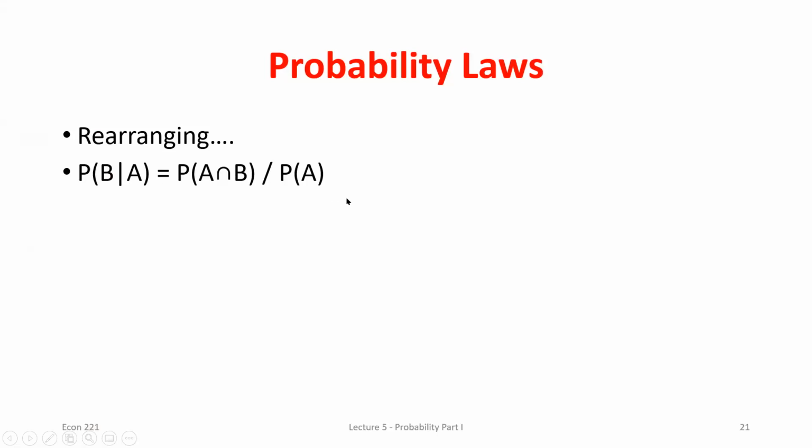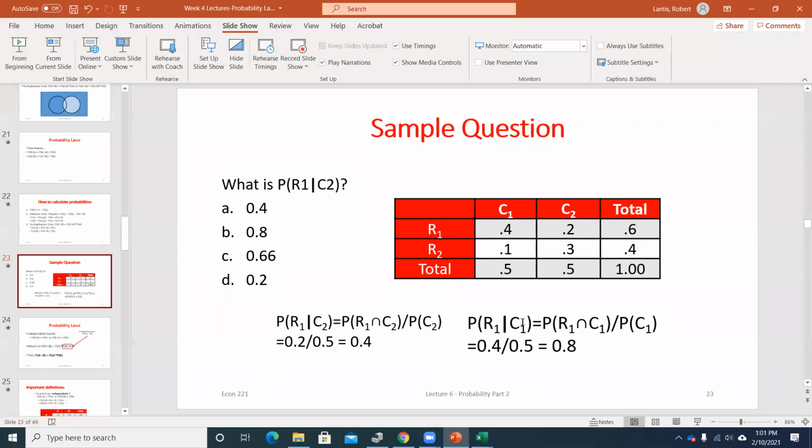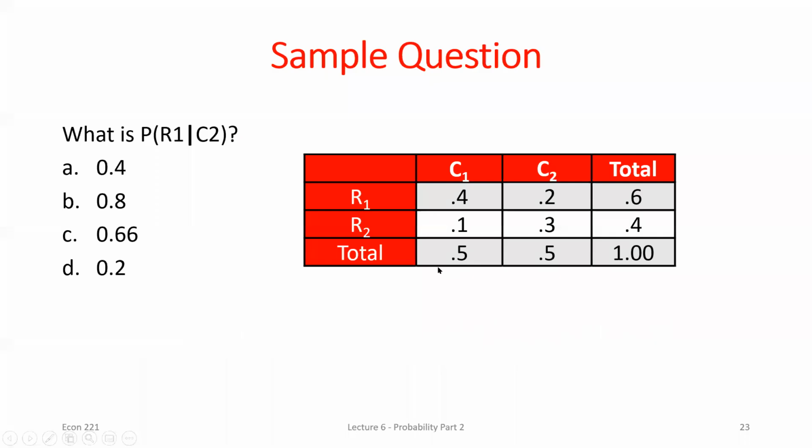Okay? So we looked at this example in the contingency table. I had this up there for the last class. Let's go back here. So this is what we had last class. So we said, given that I know C2 has occurred, what's the probability R1 has occurred?